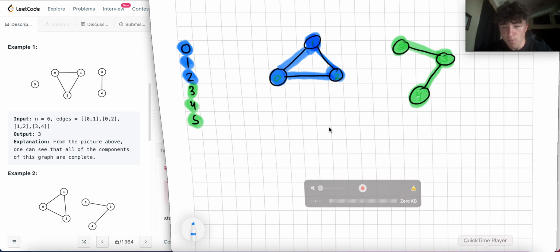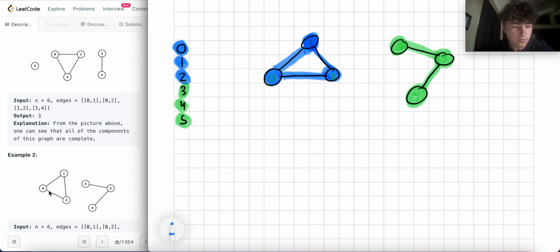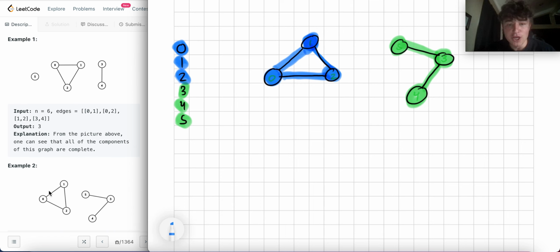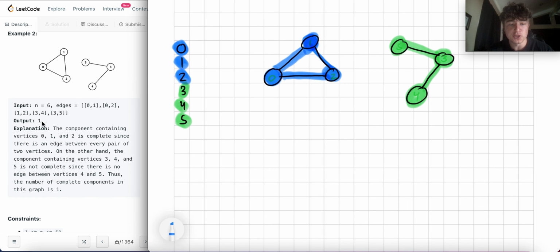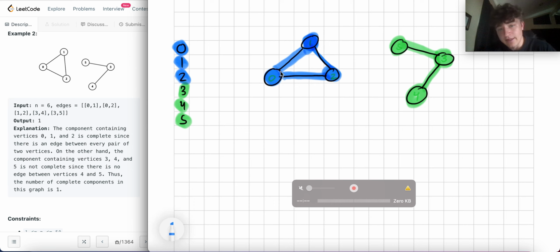Okay. So how do we know, in this example, right, the output is 1 because there's 2 connected components, but only one of them is complete because only this one has it such that every node has a direct edge to every other node, right? The problem here is there isn't this edge here.